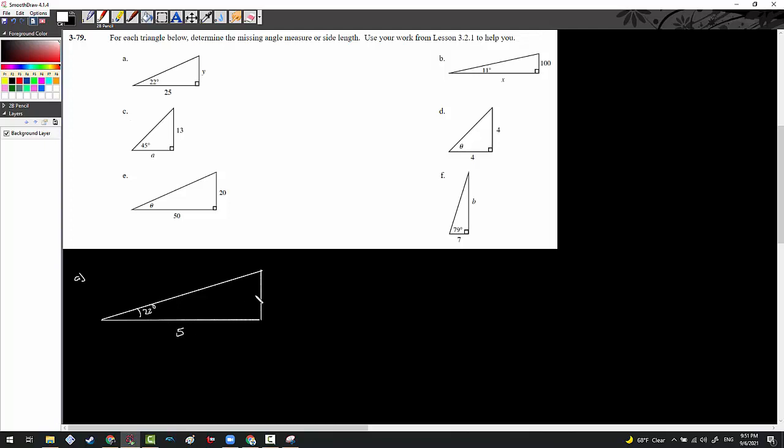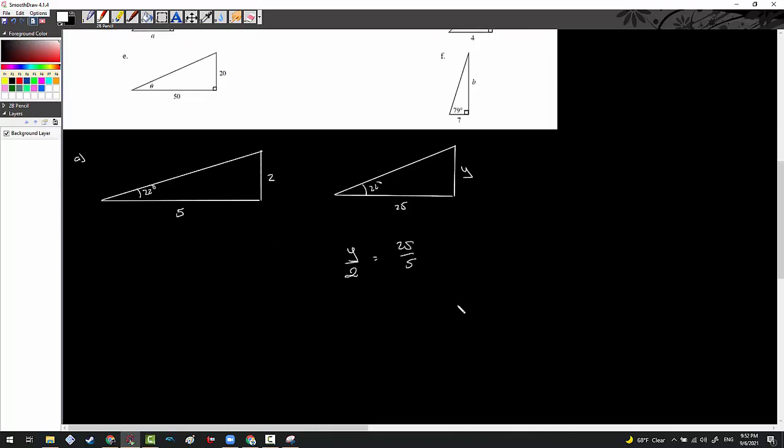So instead of 1/5, it ended up being 2/5. And so again, if I compare that to the triangle in A, which has the 22 degrees here, with this being 25 and this being y, I can go ahead and do that same ratio. I can say y/2, if I go from right to left, is equal to 25/5.